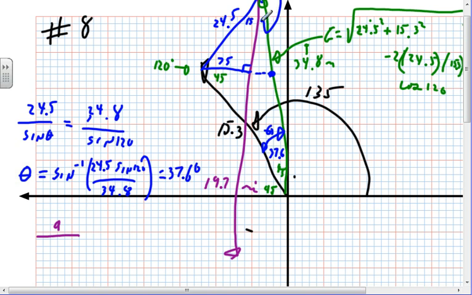Okay, so I have that angle. I know that this is a right angle. I know that this is coming straight down. I want to find that length. This guy's coming straight down and is a right angle right there, so this triangle is a right angle.